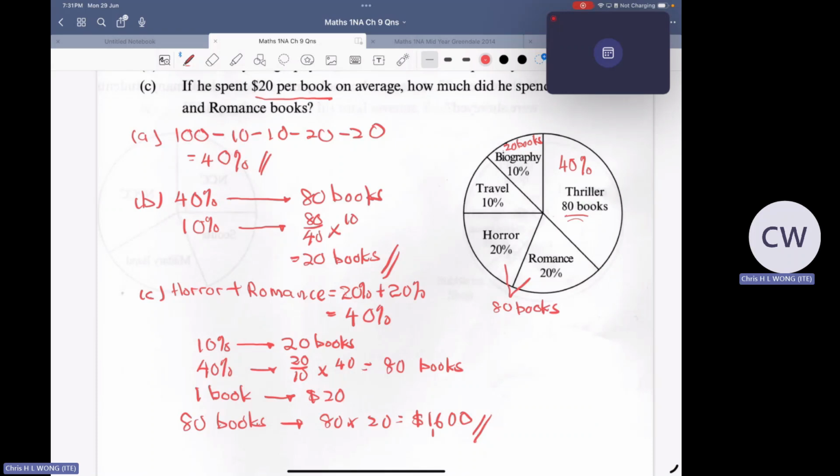Chapter 8. Forward. Okay, chapter 9. Chapter 8 question. Chapter 8 answer.